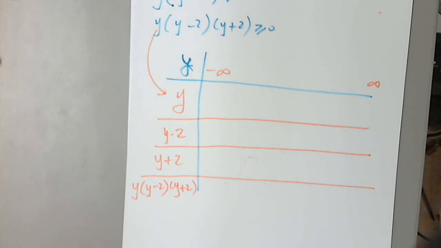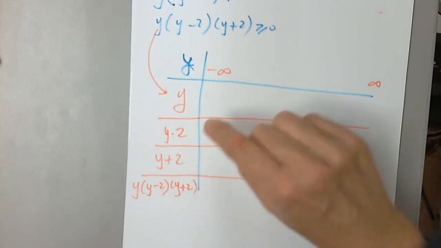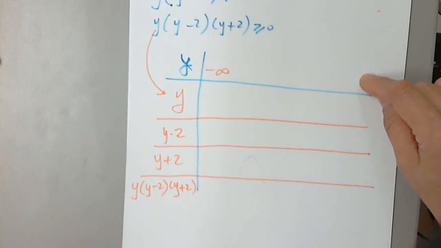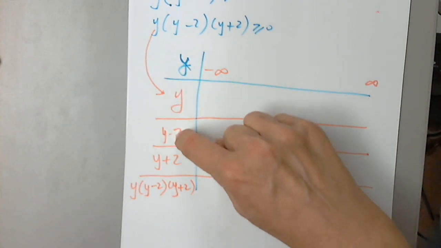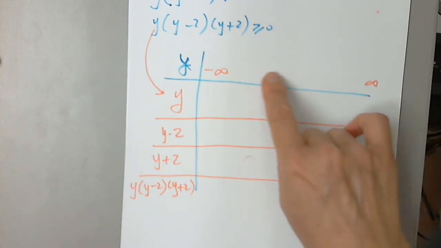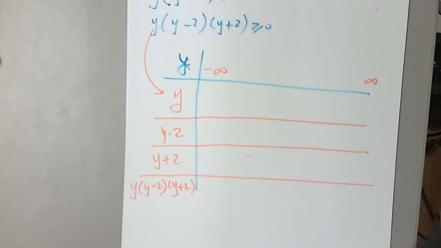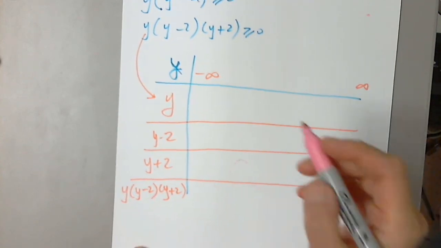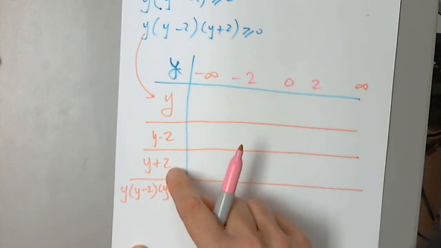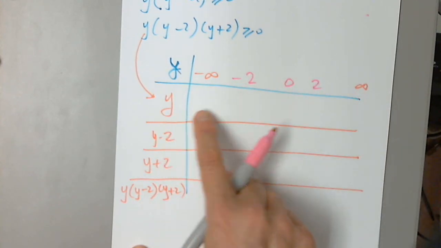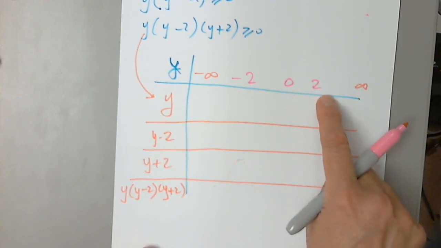Let's do it again. So I need to identify for each of these a corresponding 0. Where is this 0, where is this 0, and where is this 0? And I have to put them in the correct ascending order. So what is the ascending order for those numbers then? Very good. -2 for this one, 0 for this one, and 2 for this one.